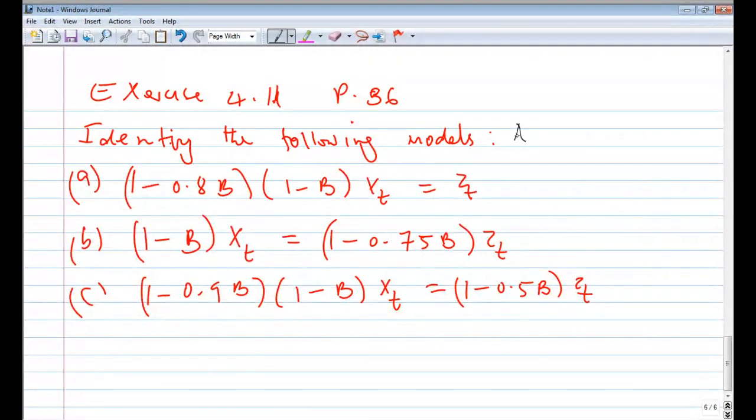It's like find ARIMA(p,d,q). There's no seasonality there. Yeah, it's ARIMA(p,d,q). In other words, you have to find the order of p, the order of d, and the order of q.